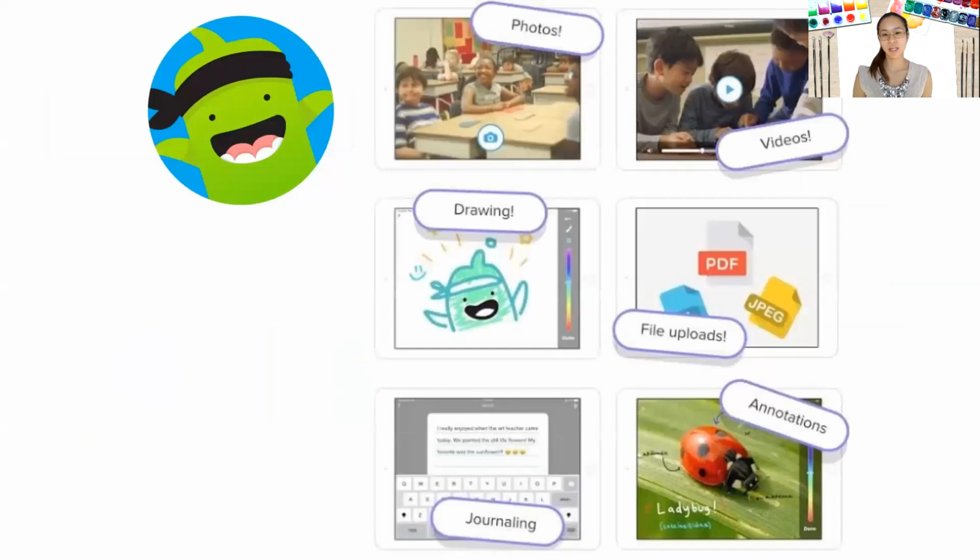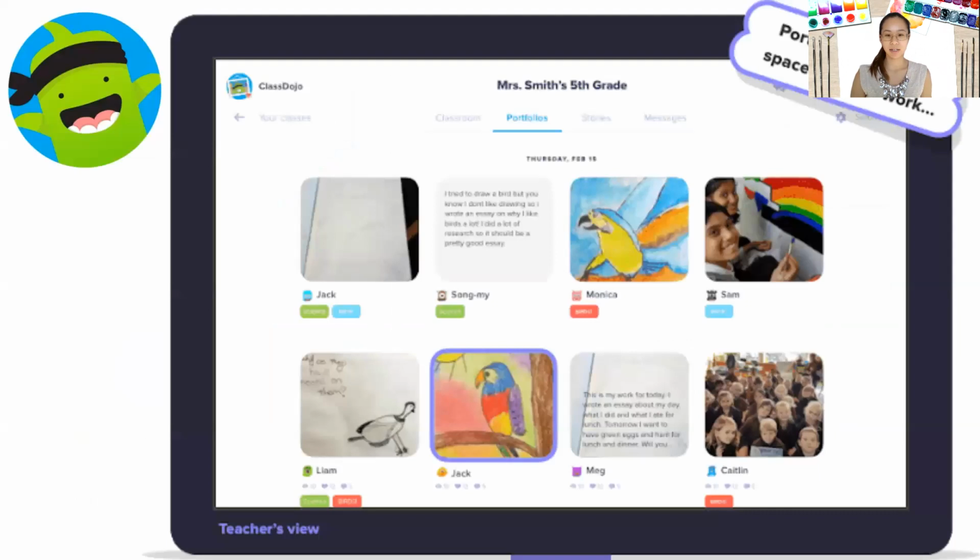Okay, so I've been using Class Dojo. On Class Dojo, you can use the student portfolio component of it, and this is where students can post up their photos, their videos, drawings, any files, they can annotate, they can journal, etc. It's like a portfolio.